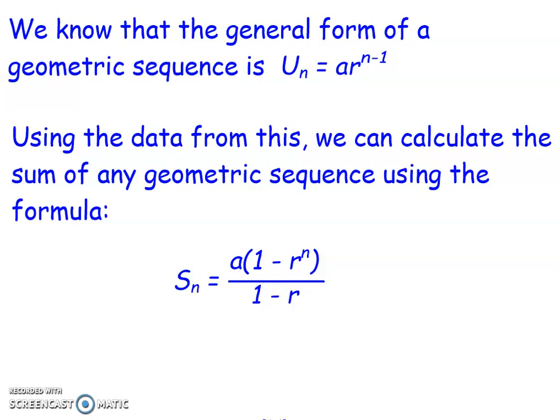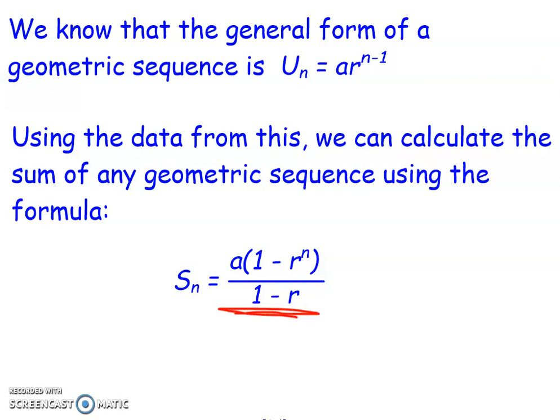Using this information, we're able to calculate the sum of any geometric series up to a certain number of terms n using the formula Sn equals a bracket 1 minus r to the n all over 1 minus r. So we're able to use that in our quest to calculate the sum up to a certain number of terms.